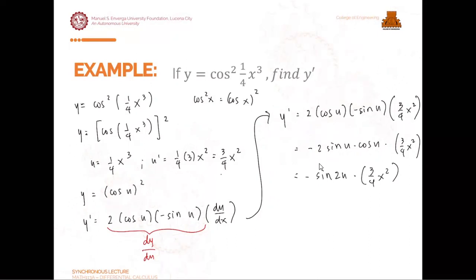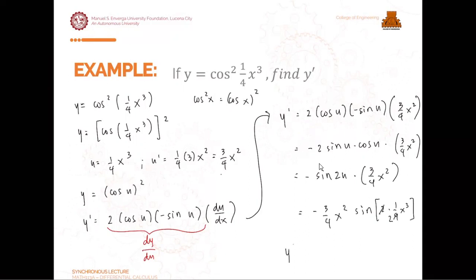So, now we can simplify. Negative 3/4 x squared, then sine 2u. So, 2 times the value of our u. Our u is 1/4 x cubed, so we can simplify this. It becomes 1/2.